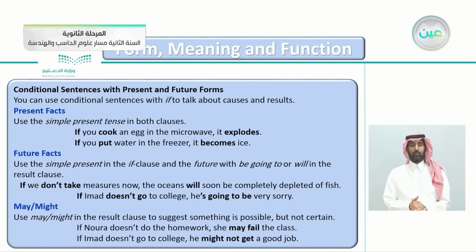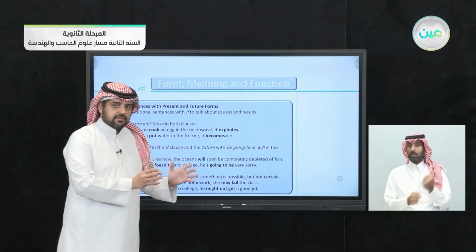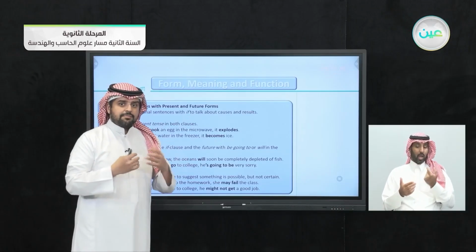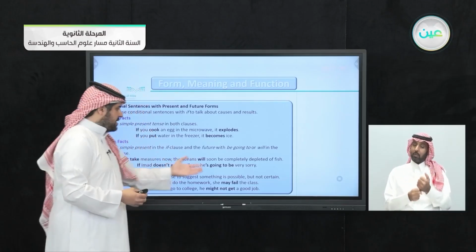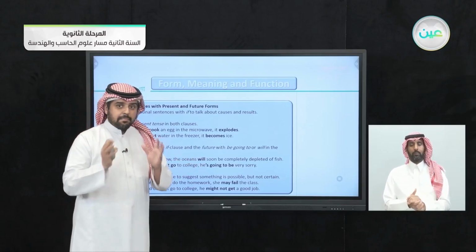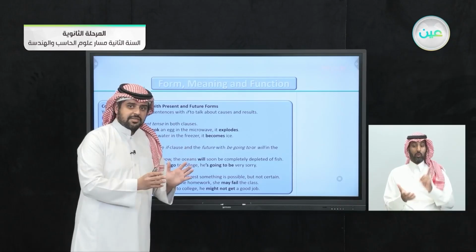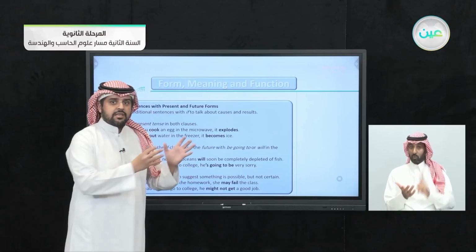Also here we have may and might. We use may and might in the result clause to suggest something is possible but not certain. So we use may or might in the result clause, not the if clause, just to show that something might happen. If we are certain, we use will.